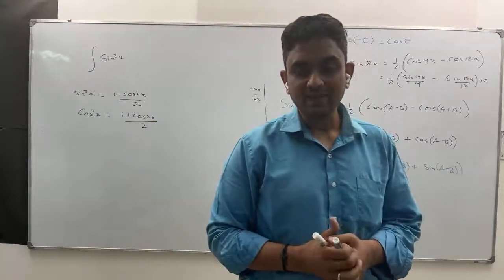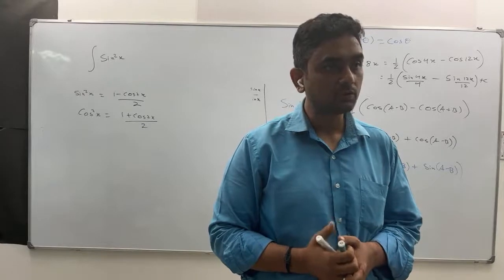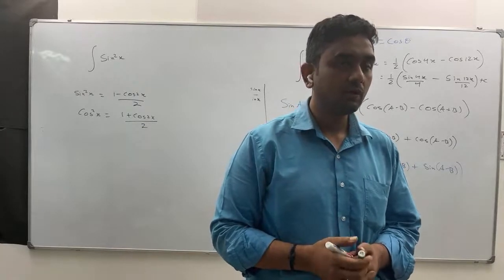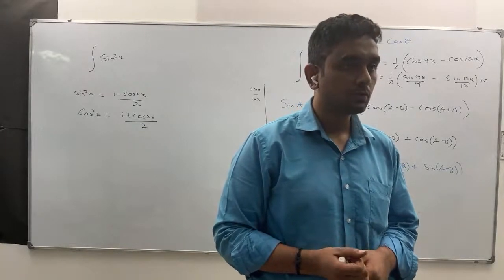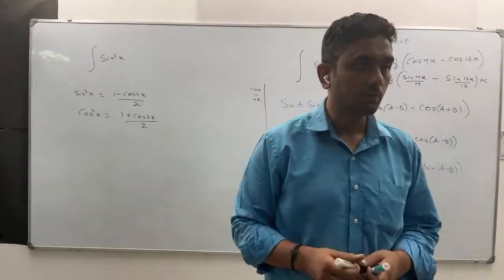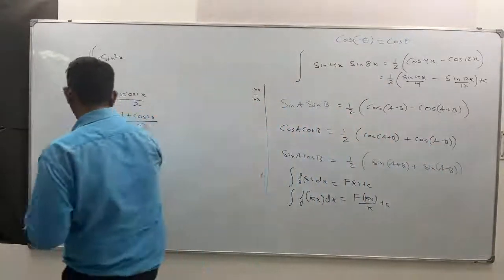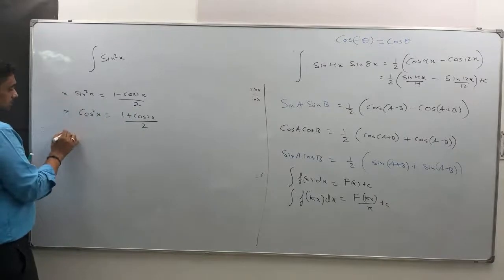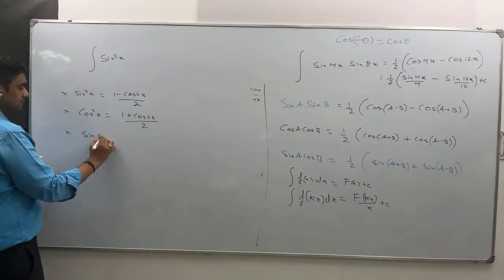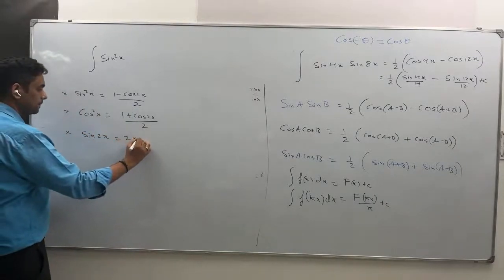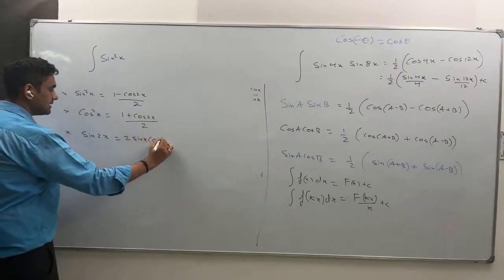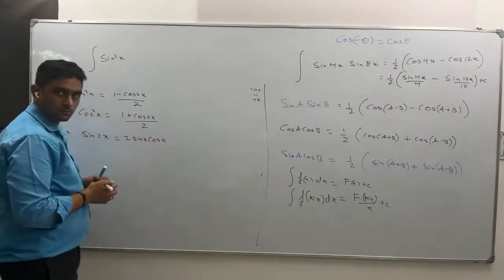Now, apart from this, at the end you will see some questions where you have multiplication of sine squared 2x. So that is a mix and match of these formulas. Next will be that sine 2x is 2 sine x cos x.